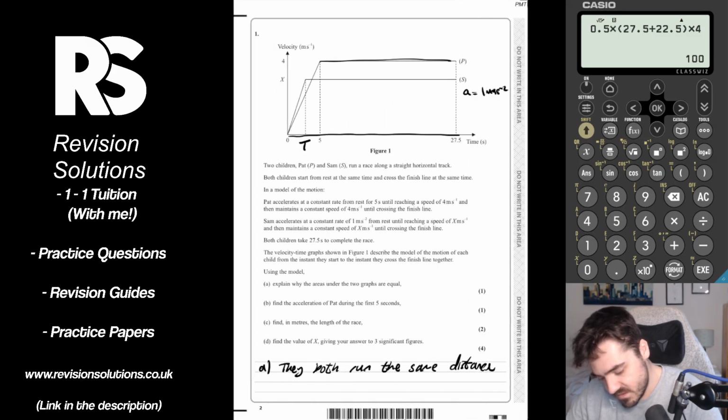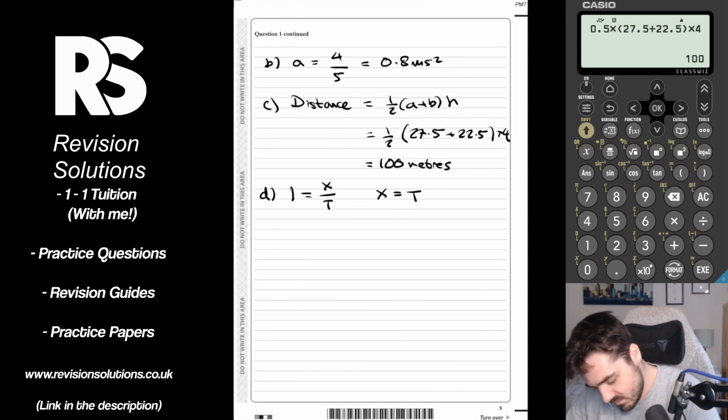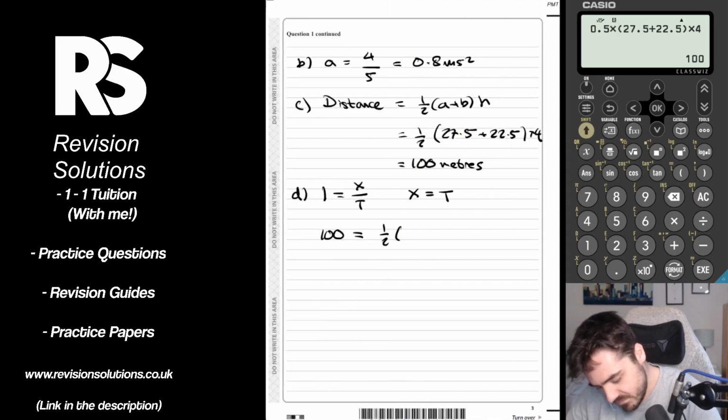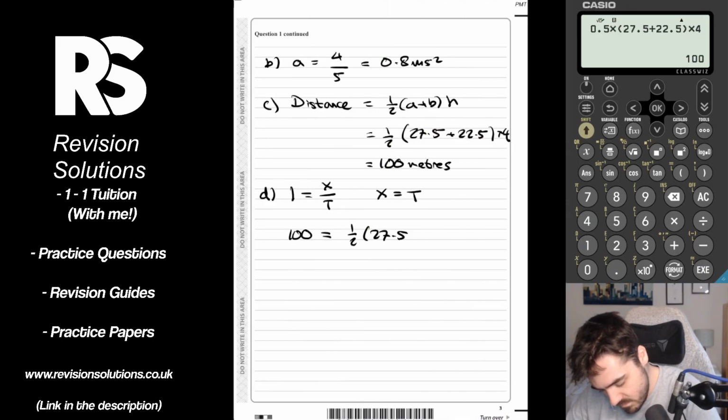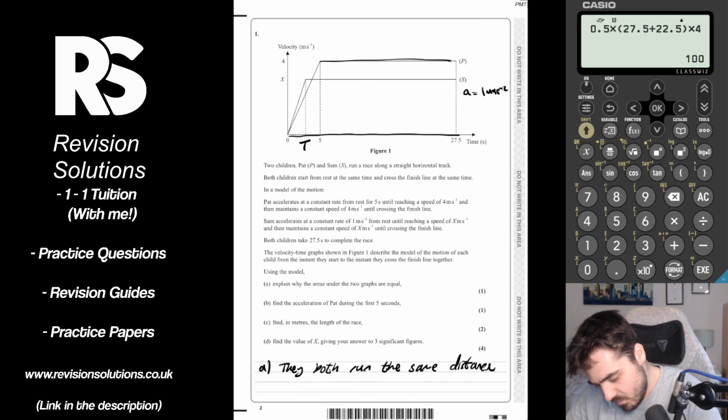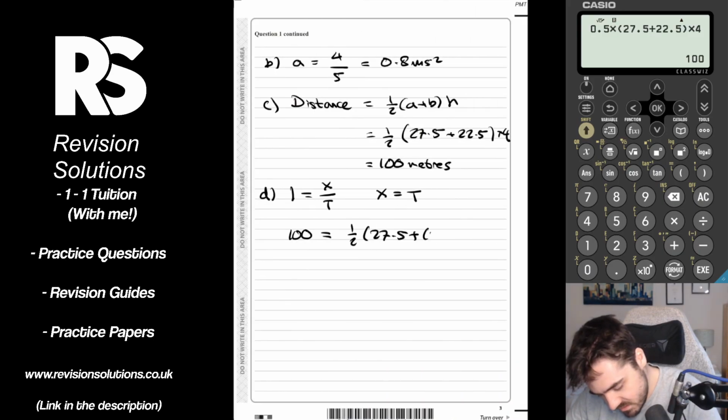And then if we use the same scheme to calculate the area under his graph, the distance is 100 because they run the same race, and then it's a half times the full length of 27.5, plus the full 27.5 minus t, all times the height of this graph, which is just x.